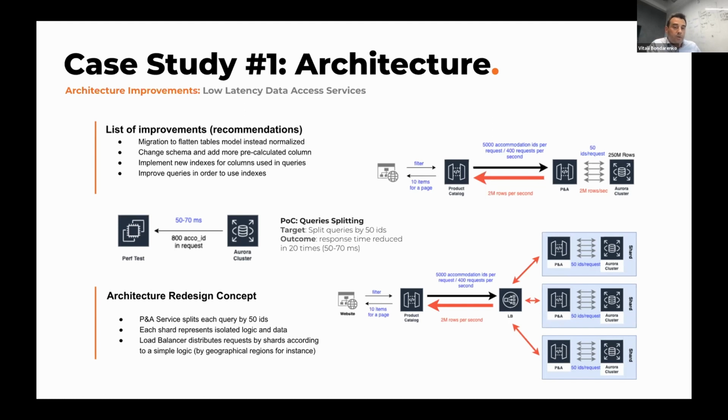The last POC we had showed good results: 40, 60, 70 milliseconds response time for 800 accommodation IDs inside the request. So that's the case of architecture improvement. Everything was implemented inside AWS, and we used Aurora DB and the CQRS model for the architecture.